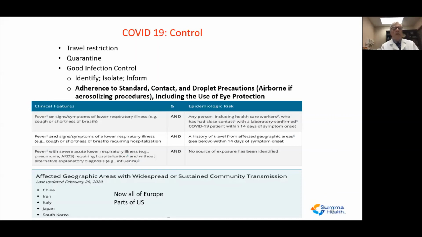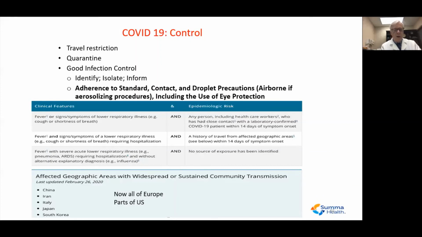If they had traveled to any of these areas, we would isolate them. Then we would perform our infection control, and we would consider doing testing to evaluate if they had this type of infection. When we isolate, we have to adhere to standard precautions, and you've heard about PPE, which I'm going to show you in just a second. That's the concept of control.